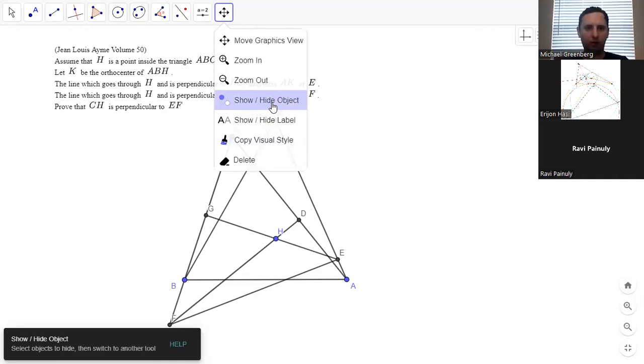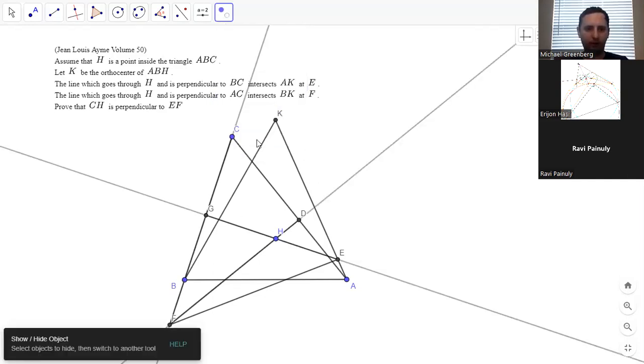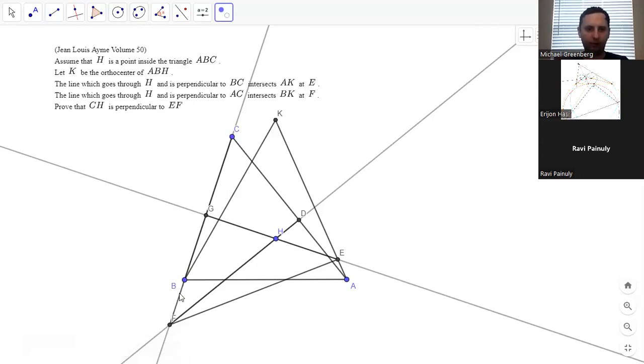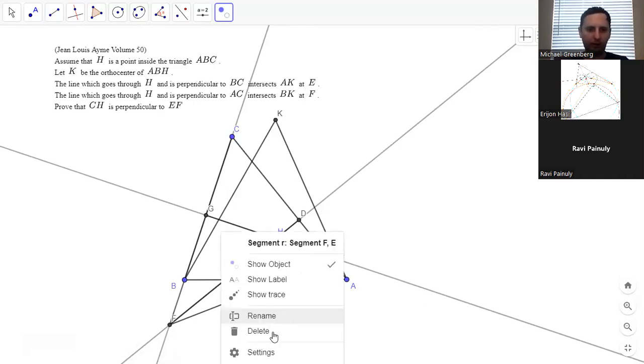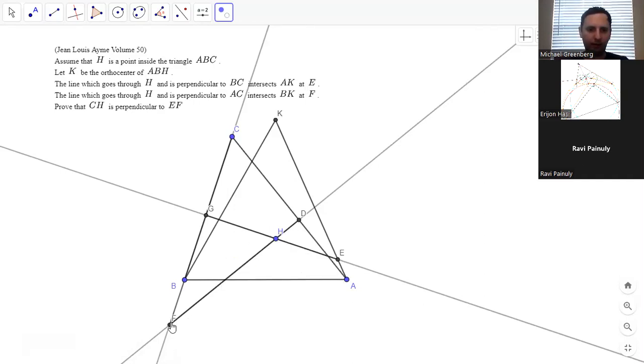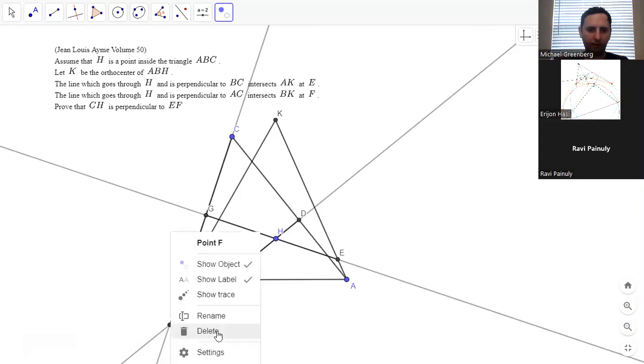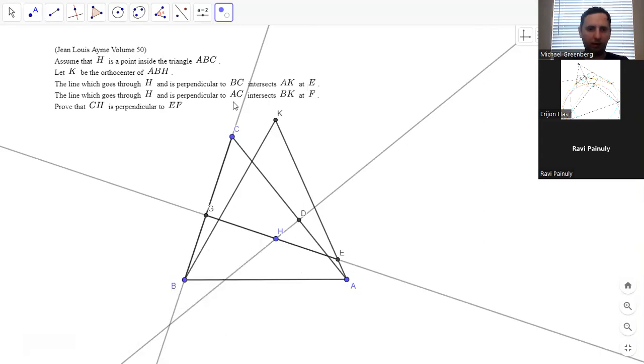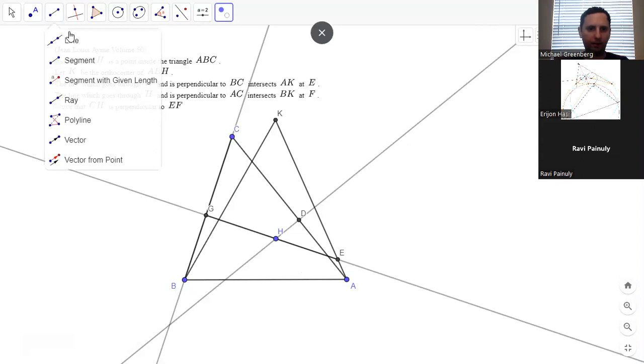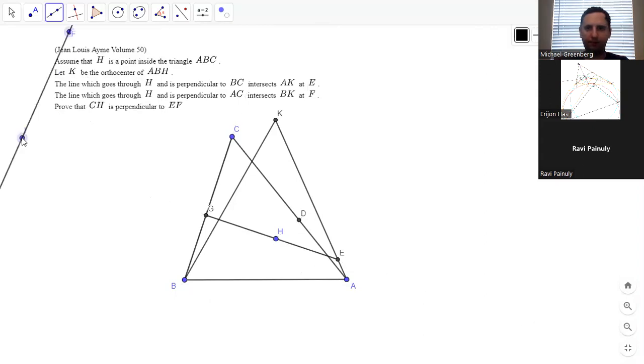It's not where it intersects BC, it's where it intersects BK. So I'm going to delete EF and delete point F. And I'm going to draw the whole line BK.